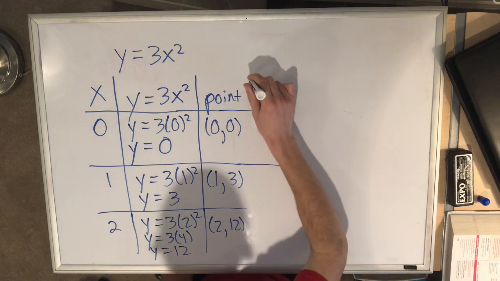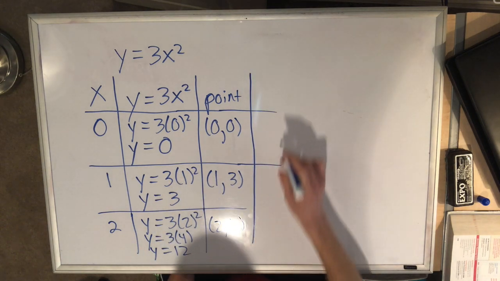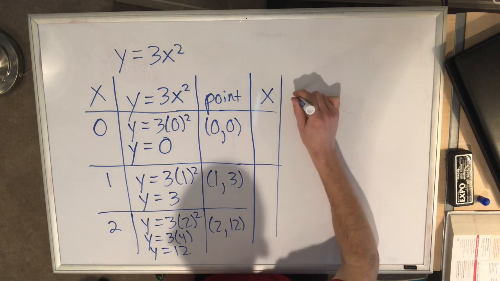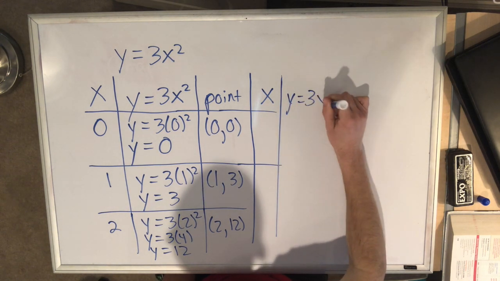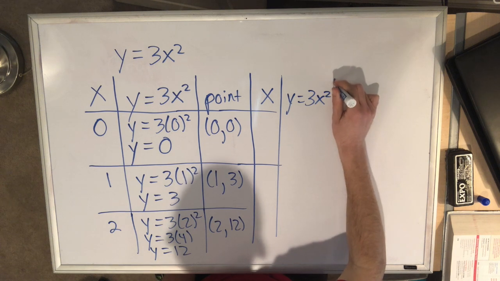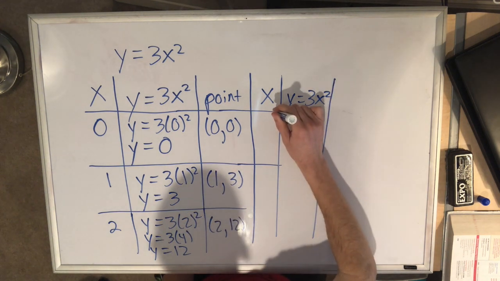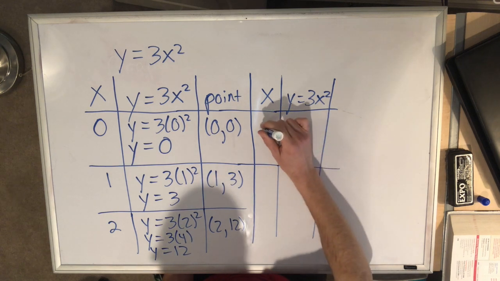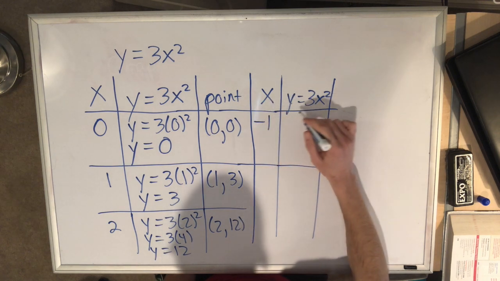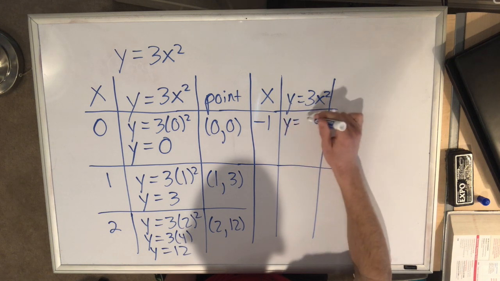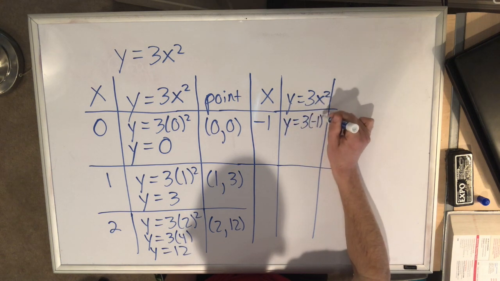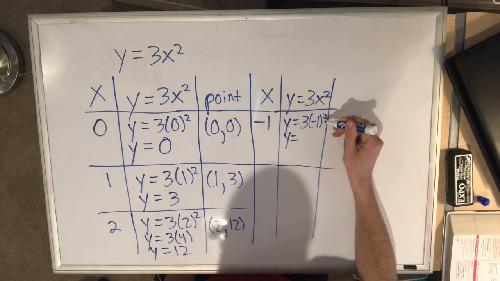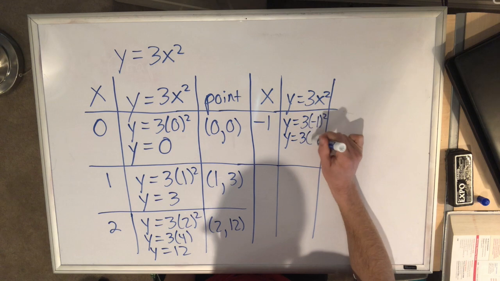And now let's substitute in a couple negative numbers for x. For quadratic equations, it's good to have at least 5 points. Substituting in -1 for x, that's y equals 3 times -1 squared. -1 times -1 is positive 1. 3 times 1 is 3.